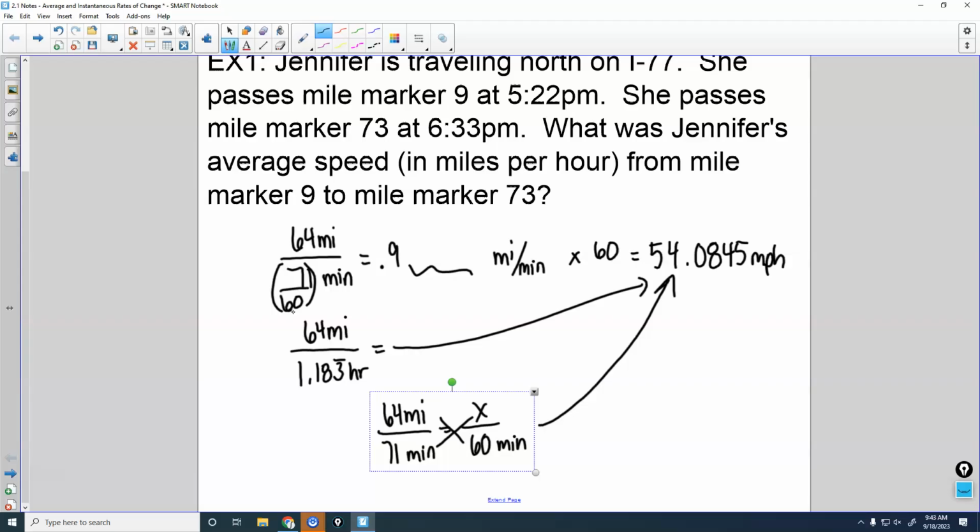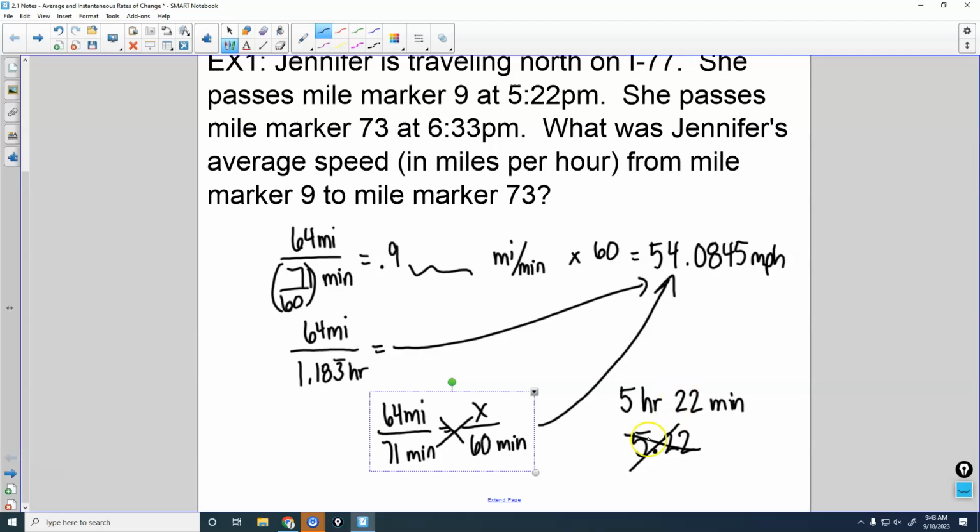One thing to be very careful of: 5 hours and 22 minutes. If you were to change that to a decimal, what is it? It is not 522. It is not 5.22, right? Because there are not 100 minutes in an hour.